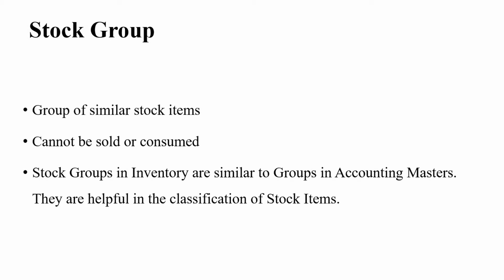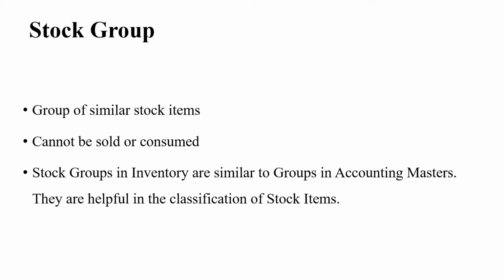In the previous video, we have seen how to create the stock category. There we have taken the stock category as cars, pens, books and vehicles. If the stock category is cars, the stock groups will be diesel cars and petrol cars.